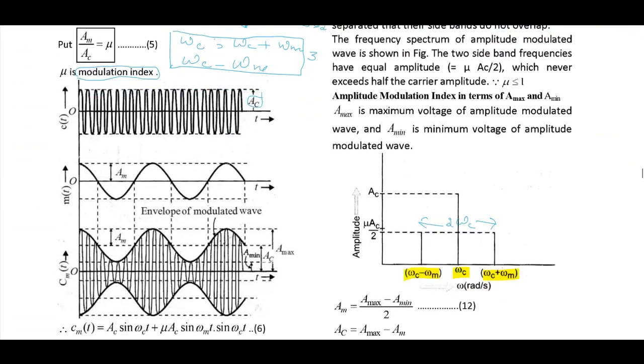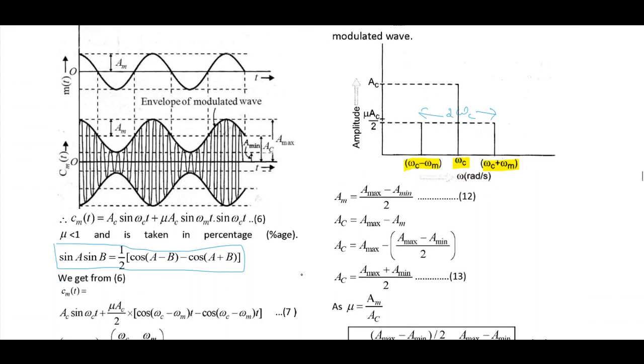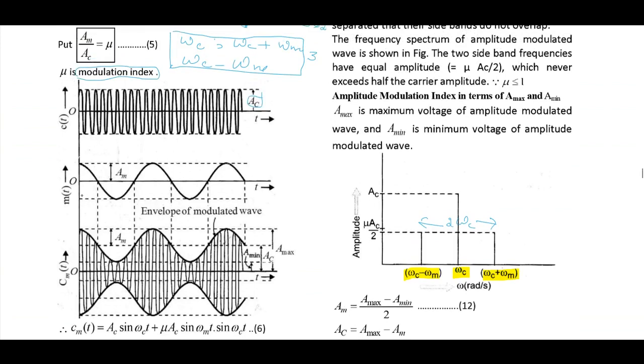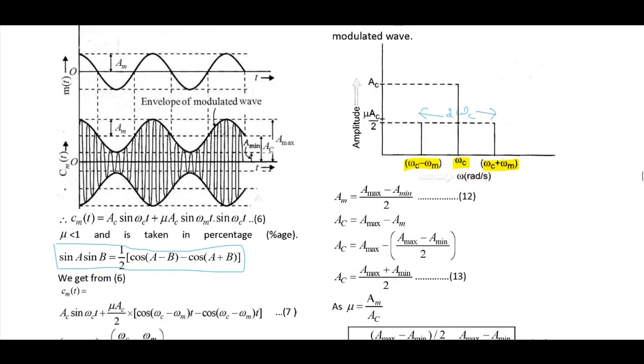And here, this particularly is the modulating signal. AM is the amplitude here. Now we will put this wave on the lower part as well as on the upper part. See it here. Remember again, this is the carrier wave, this is the modulating wave. This is the modulated wave, CMT.